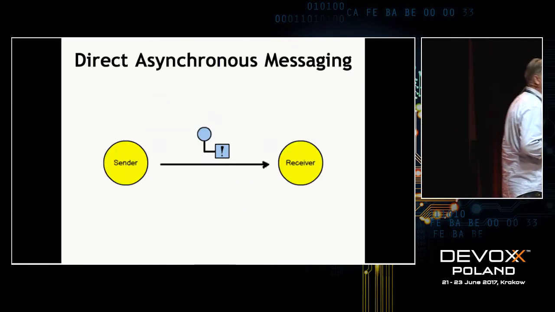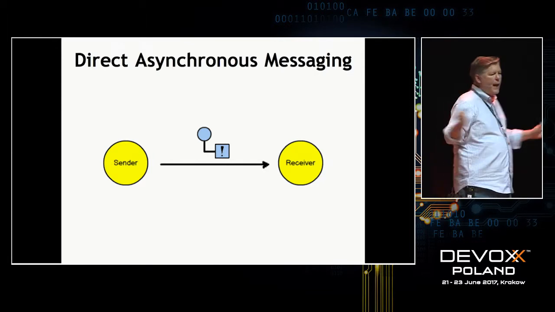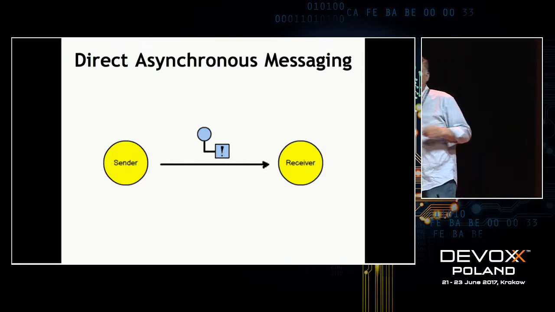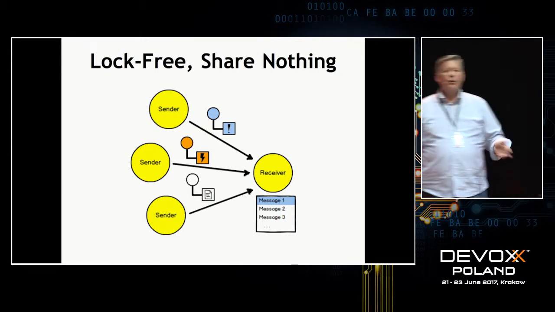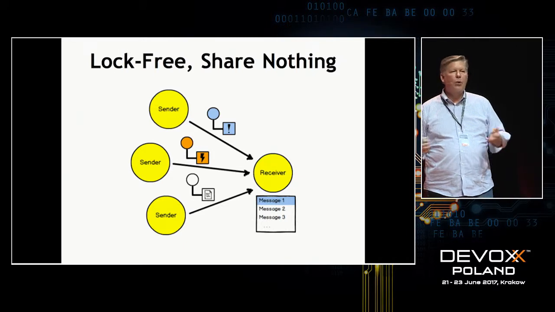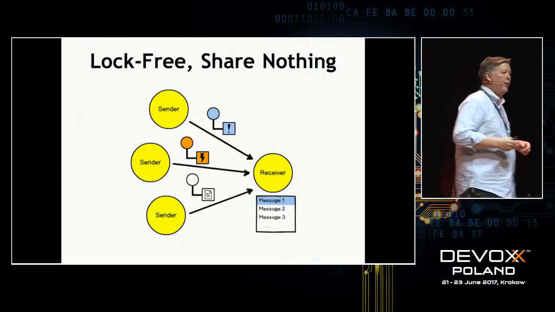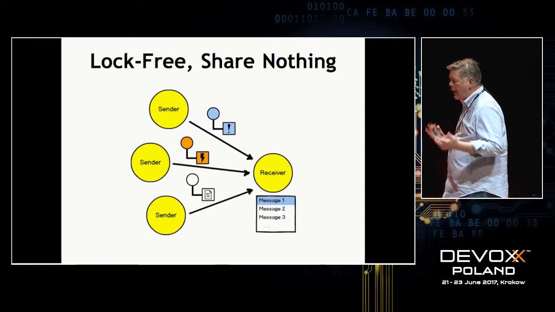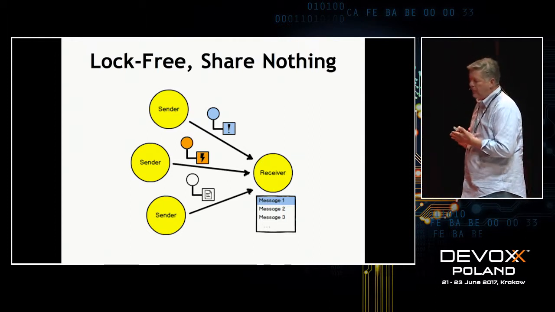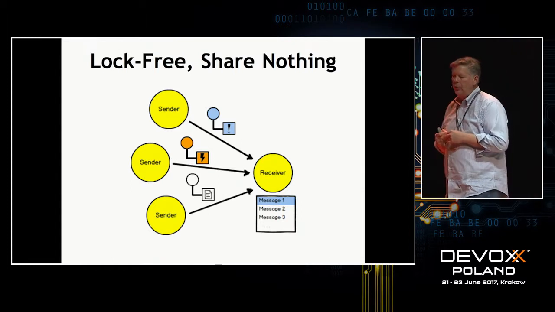So the actor model, as I said, supports direct asynchronous messaging. It's lock-free, share nothing. There's nothing in the actor model that requires blocking or locking at all. The sender and the receiver of a message do not need to block in order for the message to be given to the receiver.